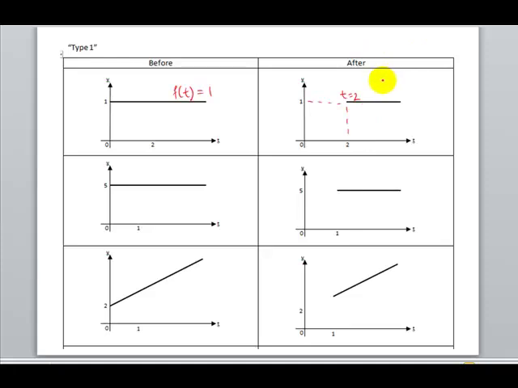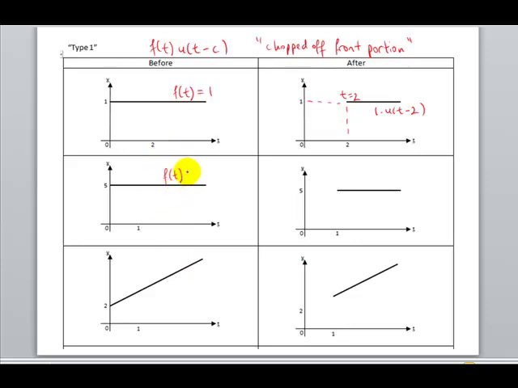So this is represented by f(t) u(t minus c). Therefore, in this case, f(t), the original signal, is 1, so it is 1 u(t minus 2). Or I can simply write u(t minus 2), since 1 is redundant.